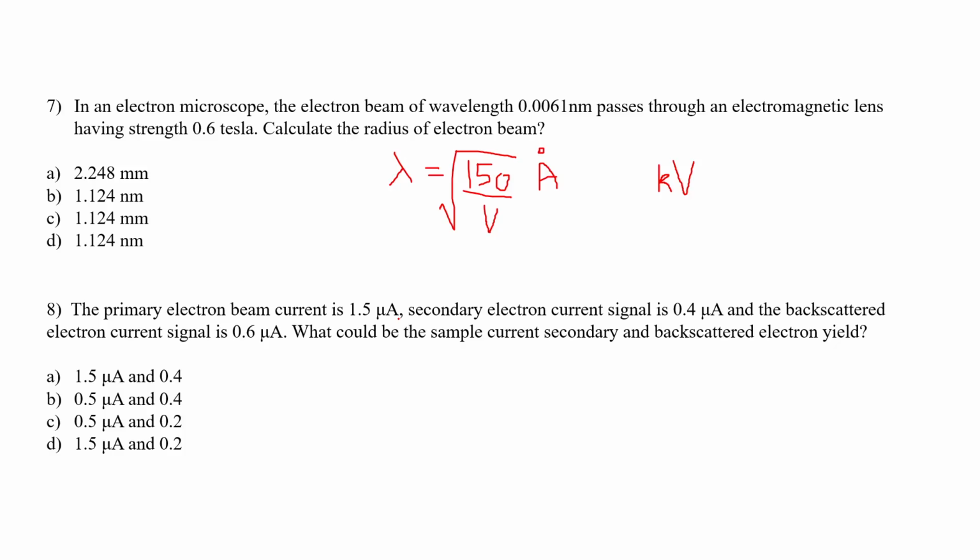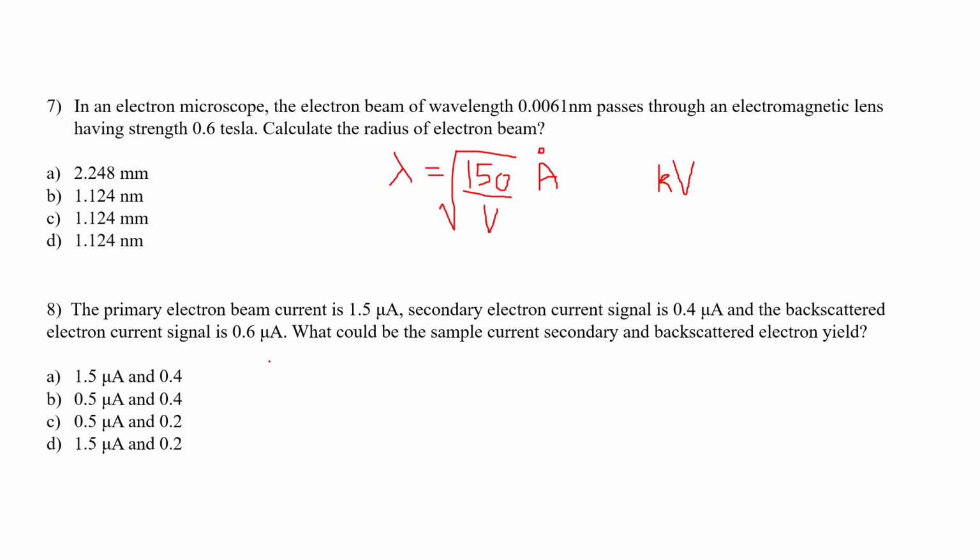Question number 8 says that the primary electron beam current is 1.5 microampere, the secondary electron current signal is 0.4 microampere, and the backscattered electron current is 0.6 microampere. What will be the sample current, secondary and backscattered electron yield? We discussed this in the last lecture, the secondary electron coefficient and the backscattered electron coefficient.